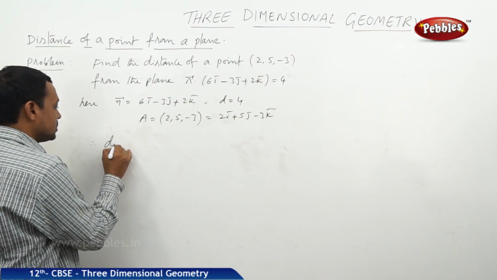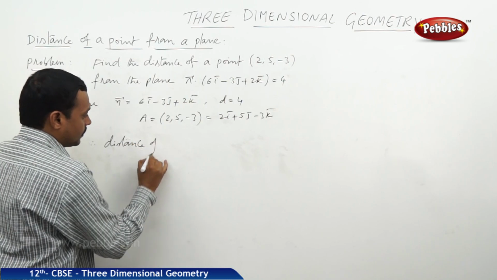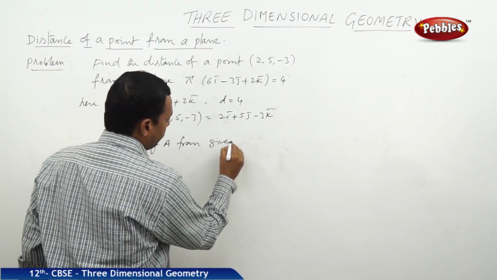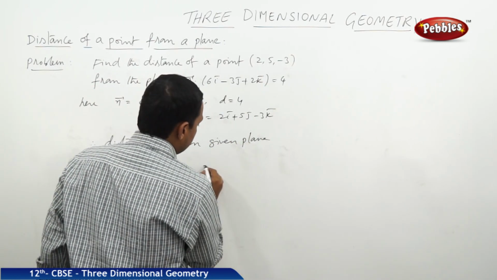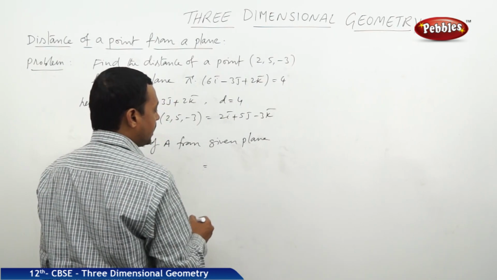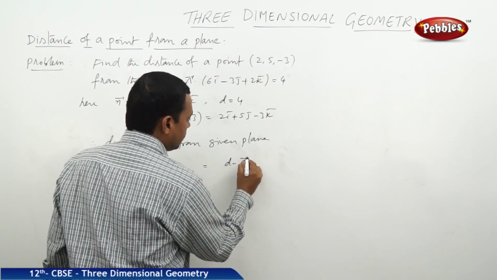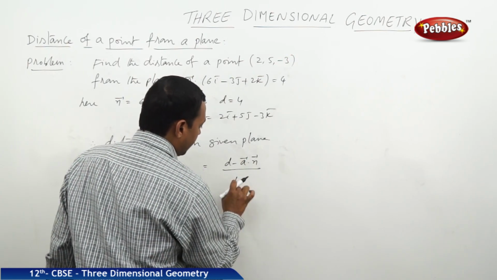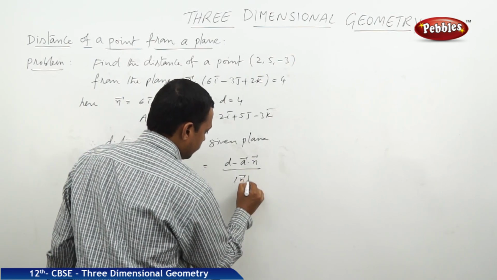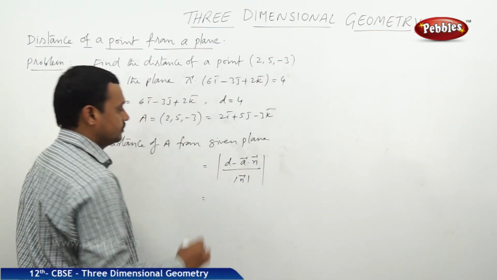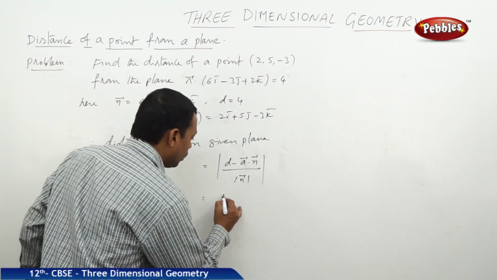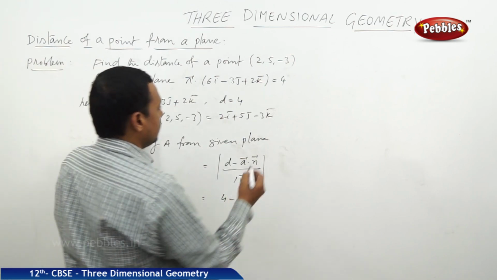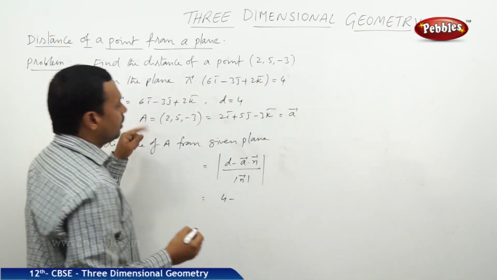Right, now the distance of A from the given plane is equal to, what is that? Modulus of D minus A bar dot n bar by modulus of n, where D is equal to 4 minus A dot n. This is the A bar vector, A bar dot n.